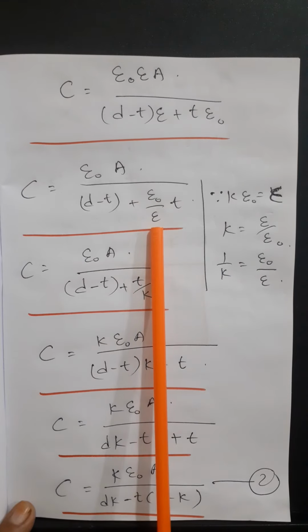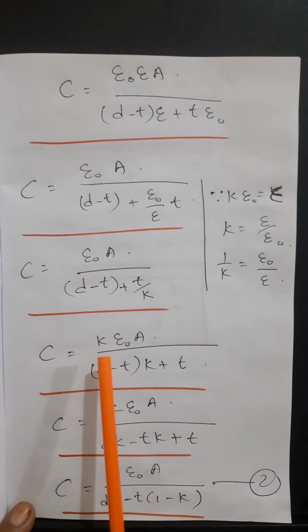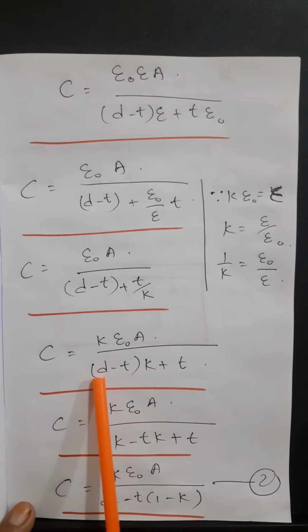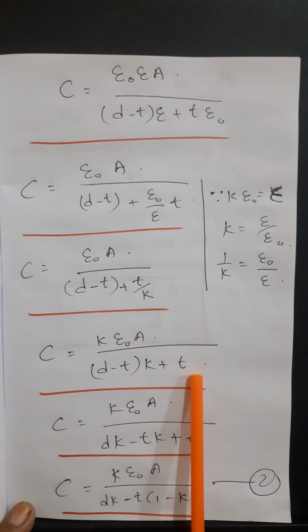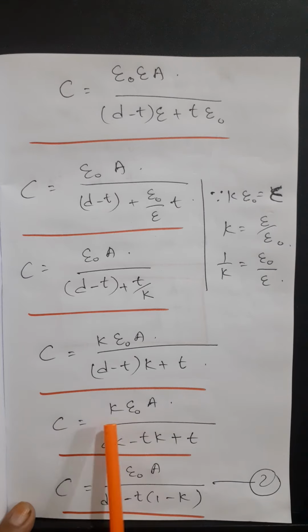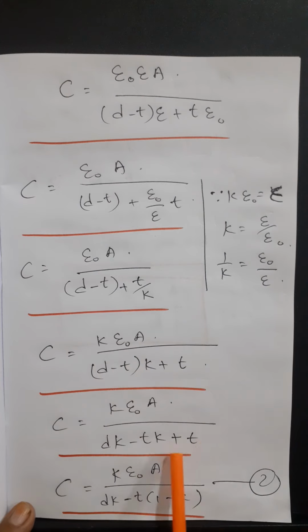So epsilon naught by epsilon can be written as 1 by K. Now C is equal to K epsilon naught A by D minus t K, taking the LCM, plus t. So C is equal to K epsilon naught A by dK minus tdK plus t.